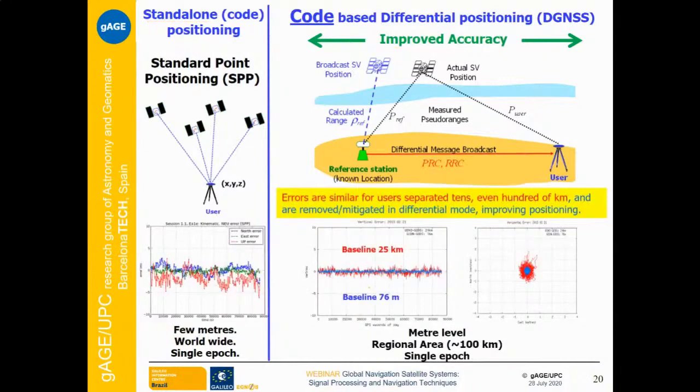So the performance is that the accuracy that we have by this differential GNSS is a meter level of accuracy. The coverage is regional. This mitigation of the errors is only valid up to 100 kilometers away from the station, but still we are in single epoch. So we can do the differential GNSS immediately.